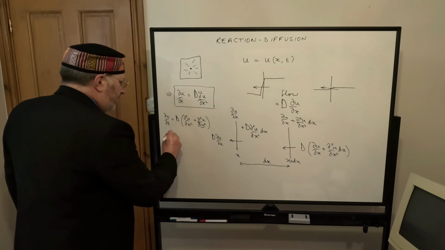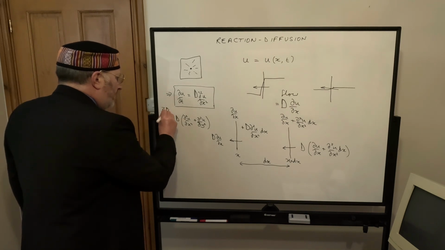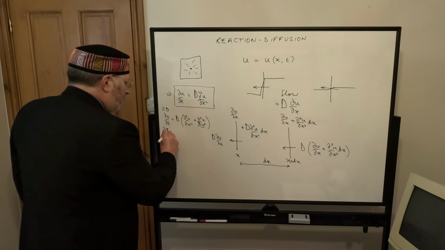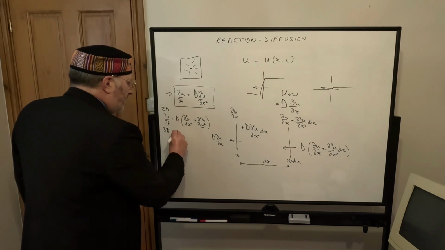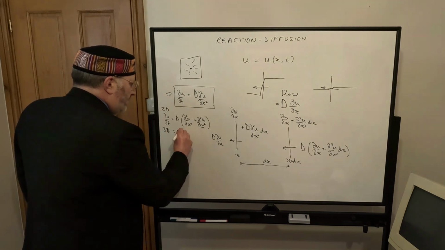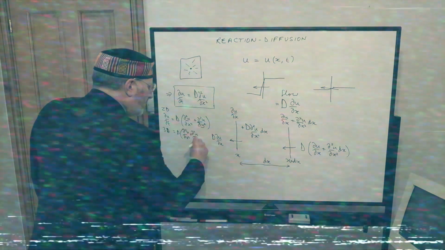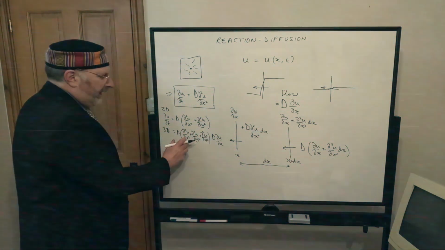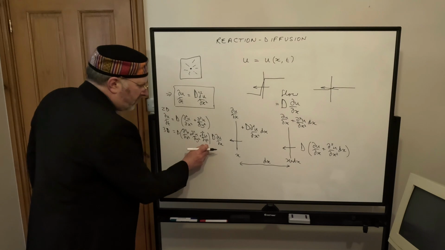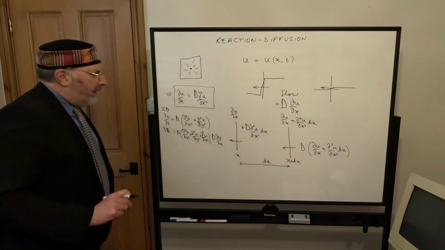And that's in 2D, and in 3D it would be d into d2u by dx squared plus d2u by dy squared plus d2u by dz squared.